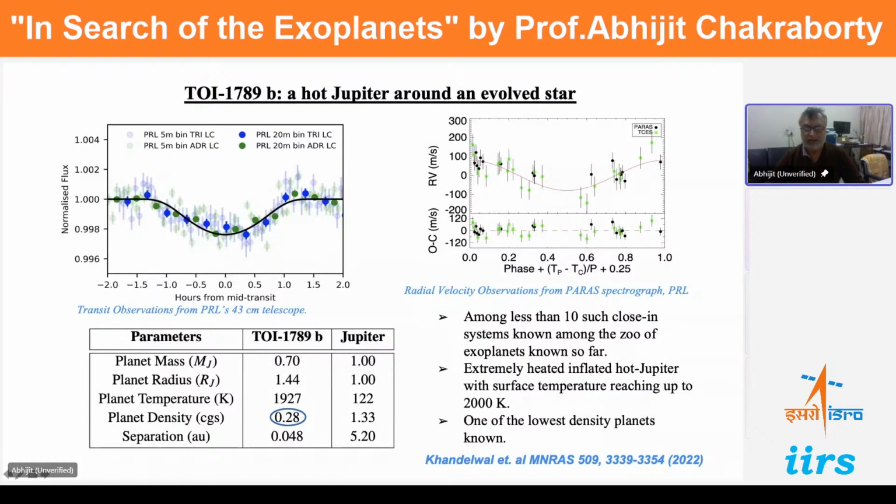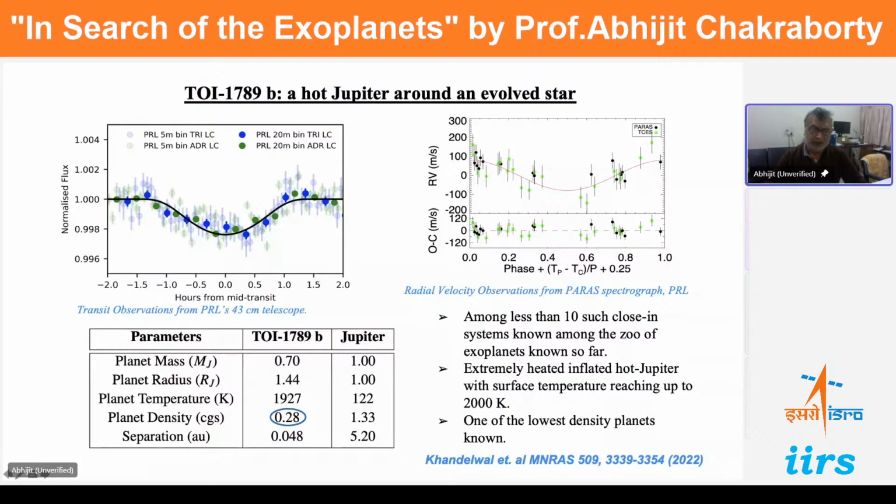So you can see that there is a wide variety of exoplanets that exist. One is very high density, another is extremely low. Both are of similar radius. One is 1.44 Jupiter mass, while this one is slightly larger in size but its mass is extremely small, 0.7 Jupiter mass, while the other one was almost 13 Jupiter masses.